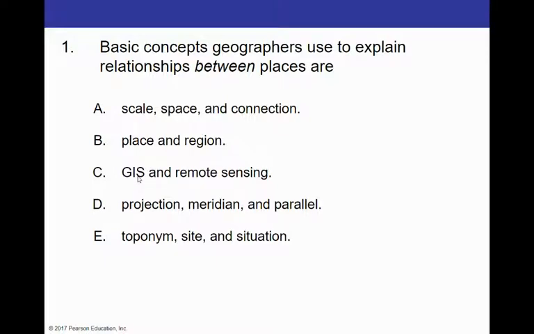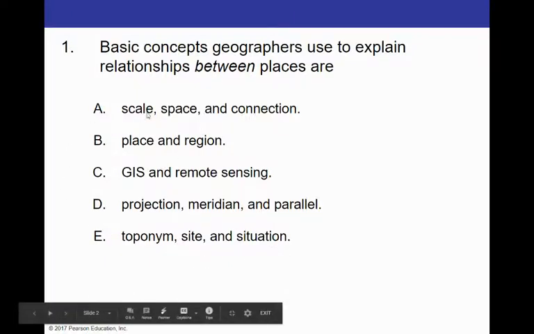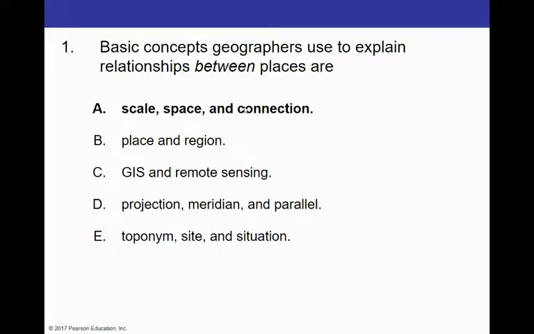Yes, that is something that geographers use, but it's not something to explain relationships between places. And very rarely, if the question is asking you something, will it also be an answer? So you should also cross off B, because if it's asking you to explain relationships between places, place is probably not going to be a correct answer. So you should have hopefully got down between A and E and realized that A is a better answer because scale, place, and connection are how things interact and build relationships in places.